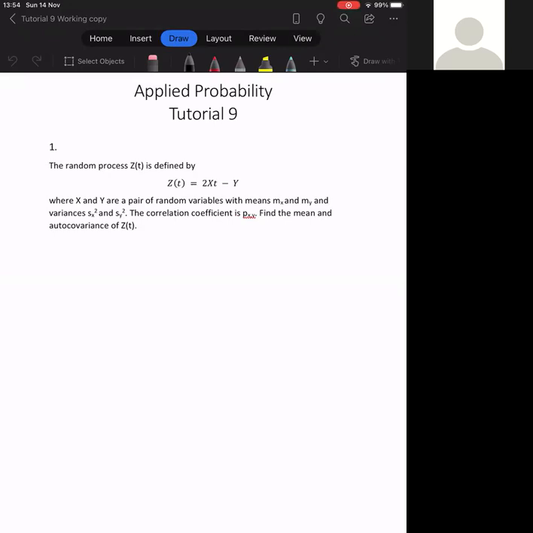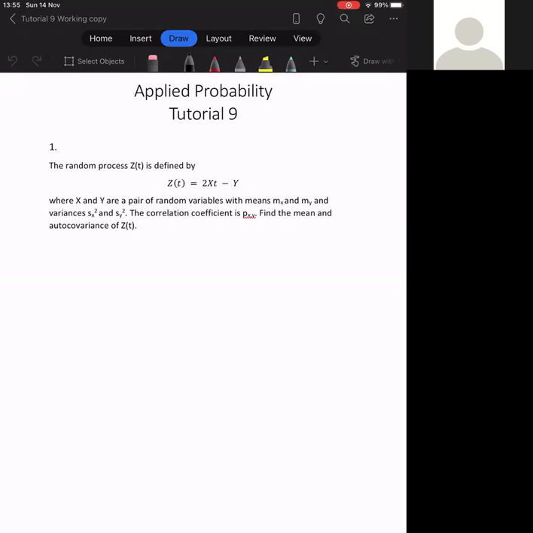Okay, so the first question says the random process Z of t is defined by Z of t equals 2Xt minus Y, where X and Y are a pair of random variables with means mx and my and variances sx squared and sy squared.